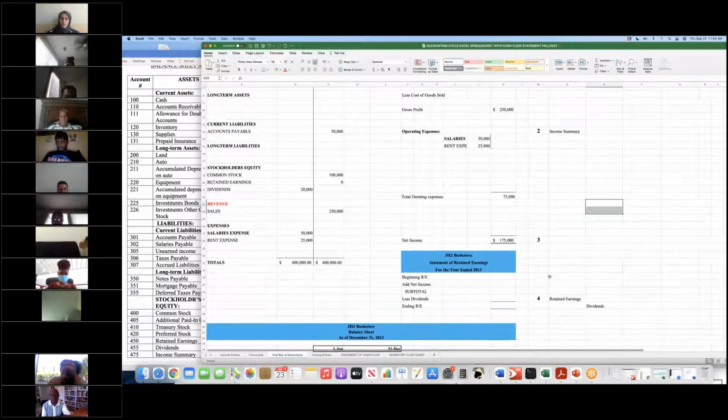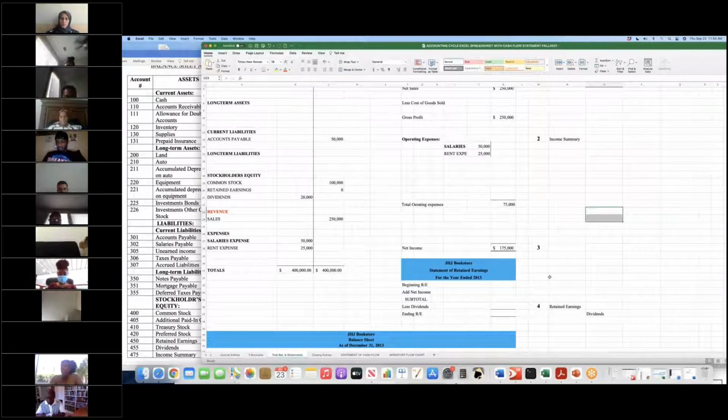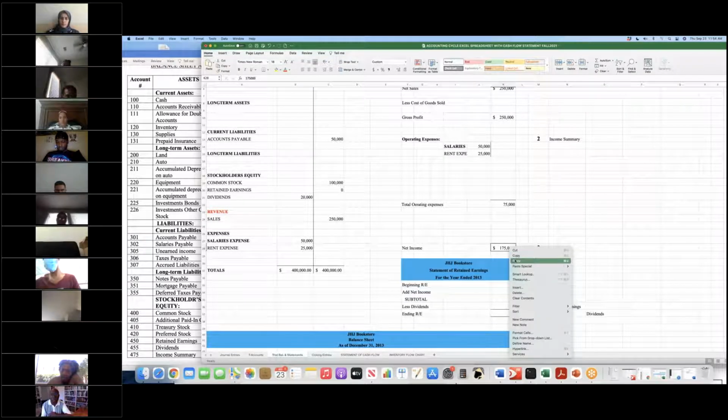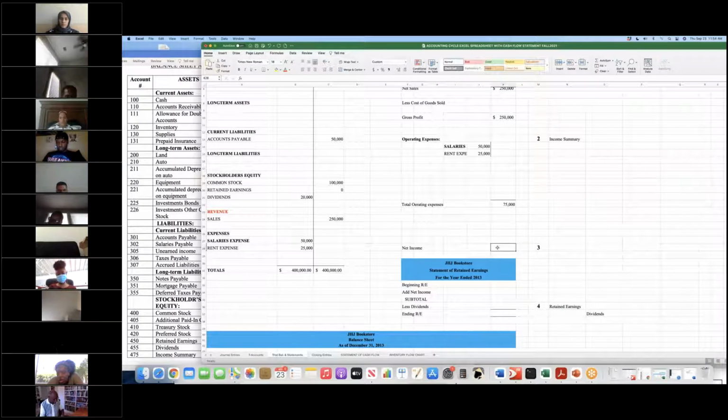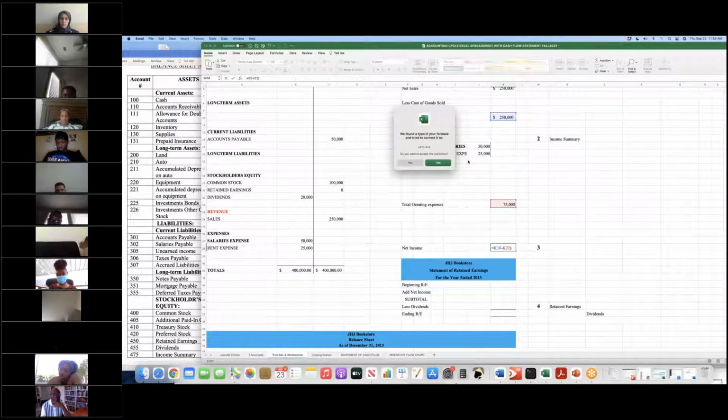Mr. Board, I have a question. Yes. How did we get the net income? We simply, let me clear this out. We put in this formula, equal, then we click on our gross profit, minus, we click on our total operating expenses, let's see, typo.